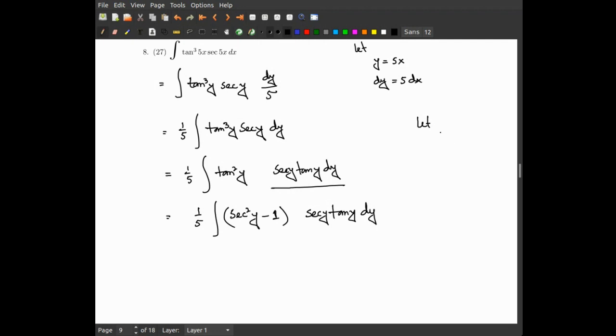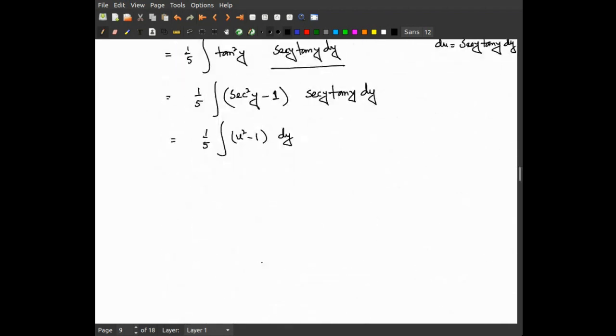Now let's plug in u equal to, in this case not tan, it will be secant y, and then du is secant y tan y dy. Now what do you see? 1 over 5 integration of secant square, which is u square minus 1, and this whole thing is du.